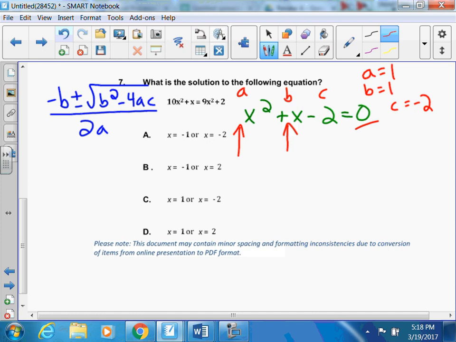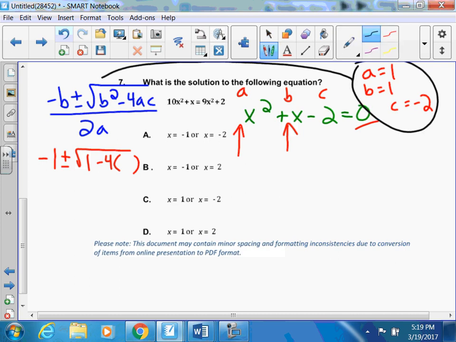So I'm going to plug that in. If I have negative B, that's going to be negative 1, plus or minus the square root. Now keep in mind B is 1. If I square the 1, we're going to get 1 here. Minus 4, and then we're going to do A times C. So I'm plugging these numbers, A, B, and C, into this.